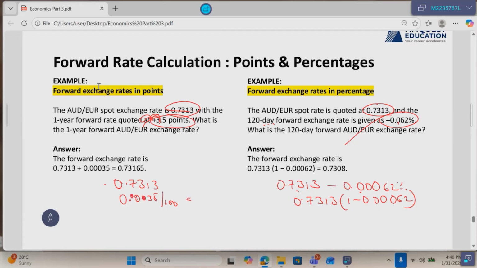Which is also equal to 0.00035. This amount is nothing but the change. So that change you will add to this amount. So you do 0.7313 plus 0.00035.